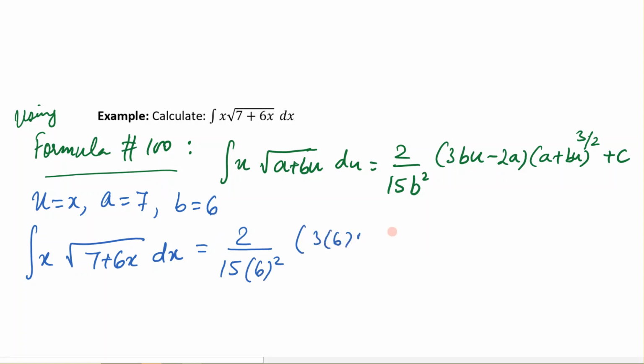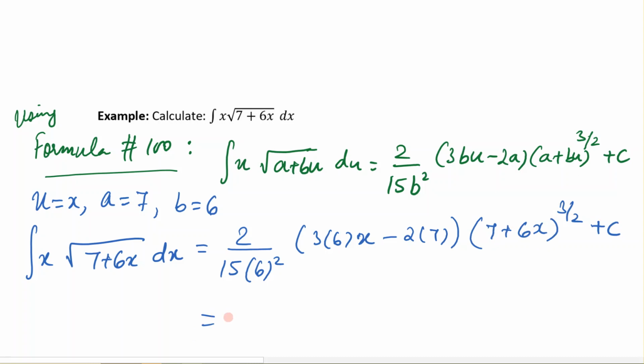In place of u we have x, the variable of integration is x, minus 2 times 7, and we have a plus bu, so 7 plus 6x, to the power 3 over 2, plus c.